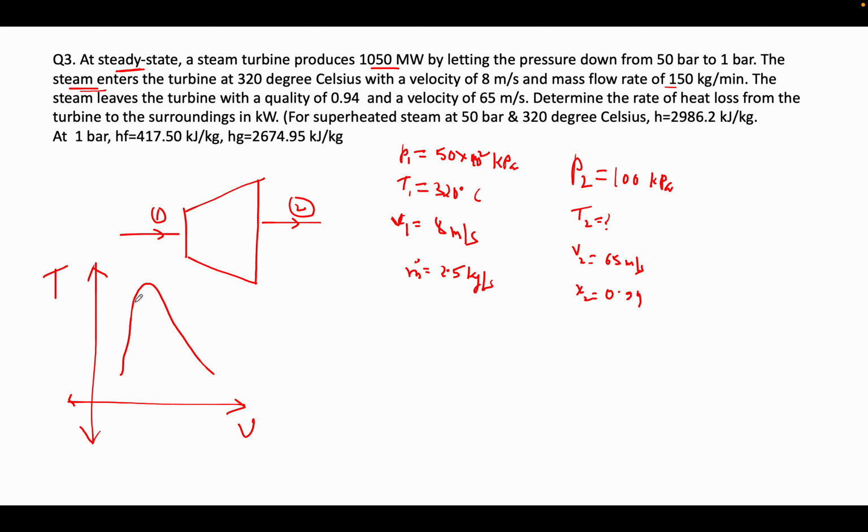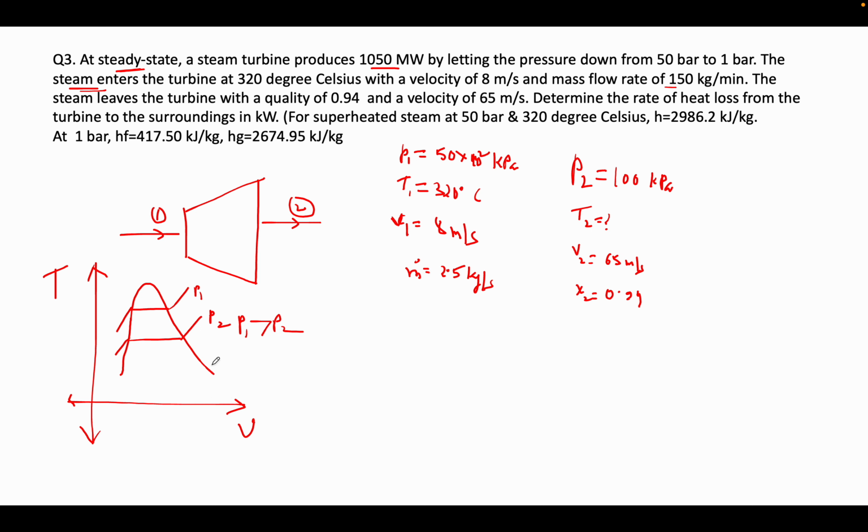To the left of this dome it is the liquid phase, and to the right of this dome it is the gaseous phase. The constant pressure lines look this way in this graph, and pressure increases this side. If this is P1 and this is P2, then P1 must be greater than P2. This is how my TV diagram looks, so from here I will explain how it is going on.